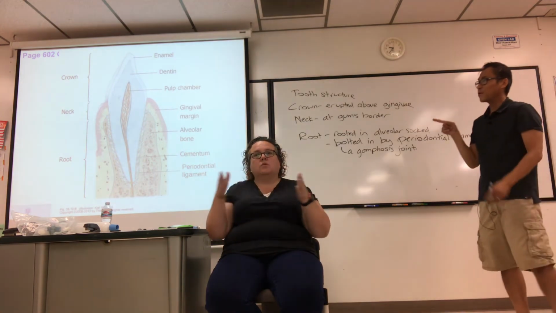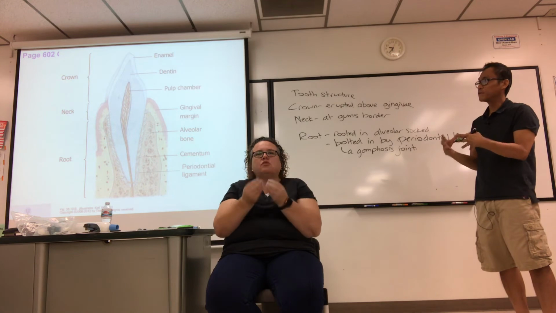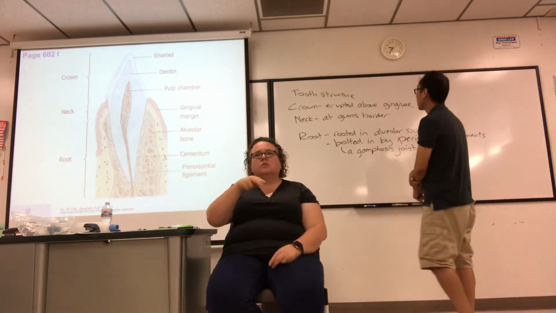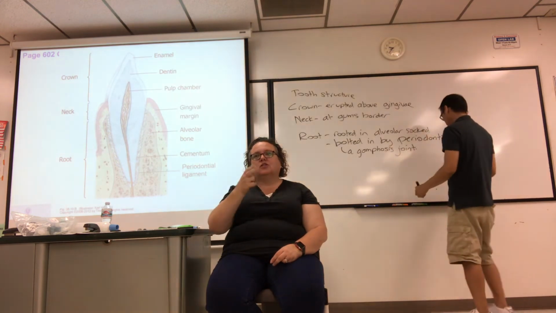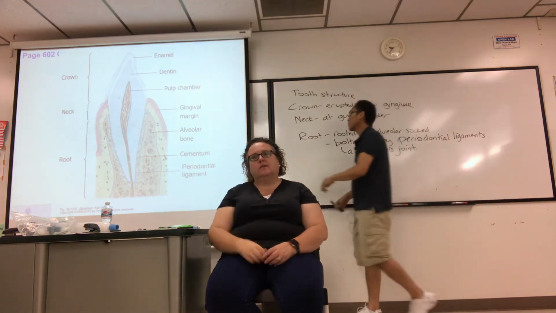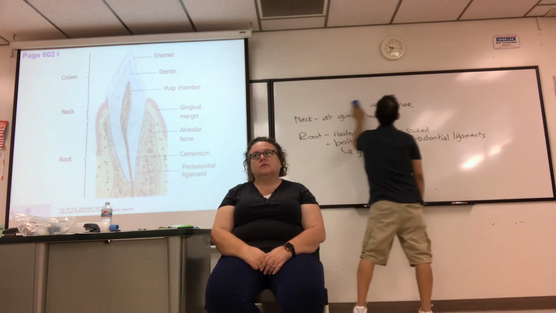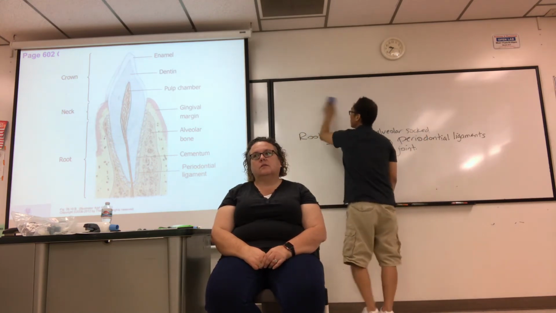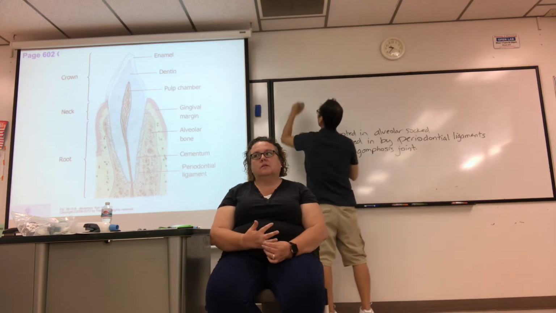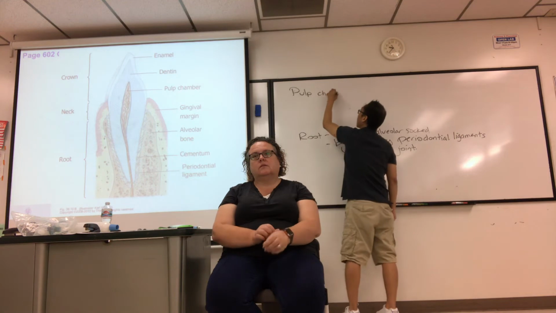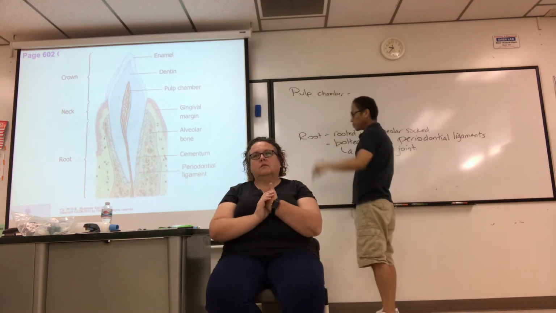For the innermost layer, you have this kind of soft tissue. It's called the pulp chamber. It's soft tissue.